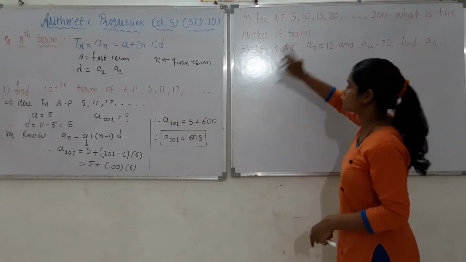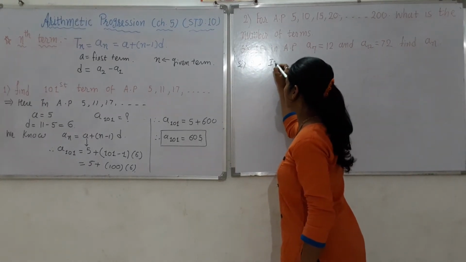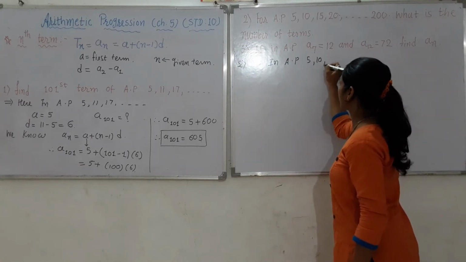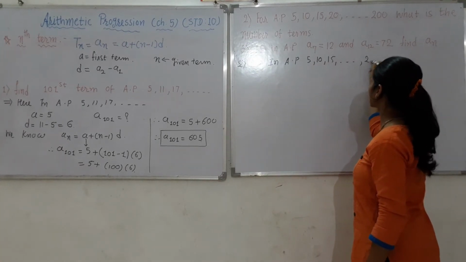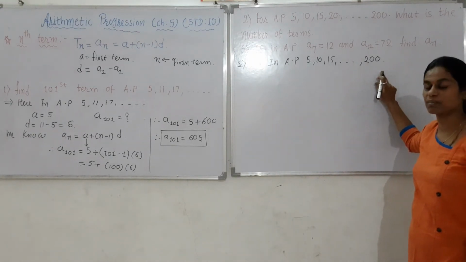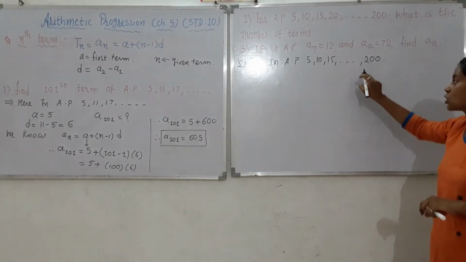But in this question, here the arithmetic progression 5, 10, 15 ... 200 is a finite arithmetic progression. Finite means it has a starting point as well as an ending term. That's why this is called finite.